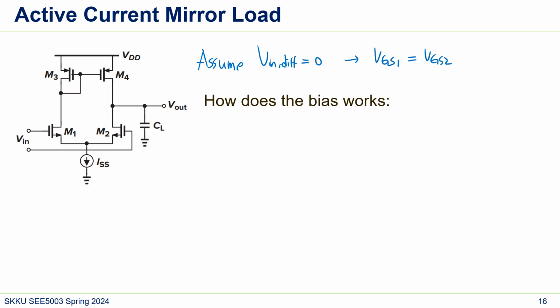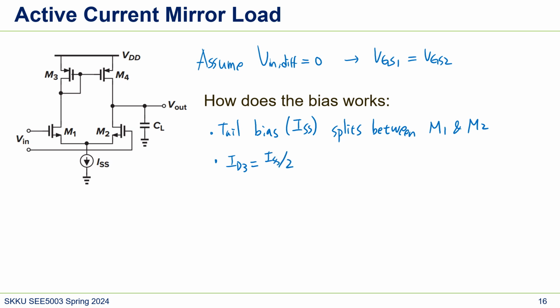In this case, the tail bias, which is ISS, splits between M1 and M2, right? So ID3 is ISS over 2.